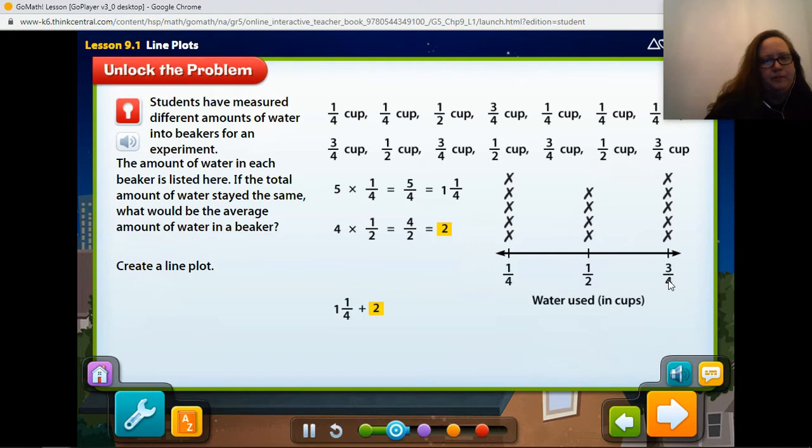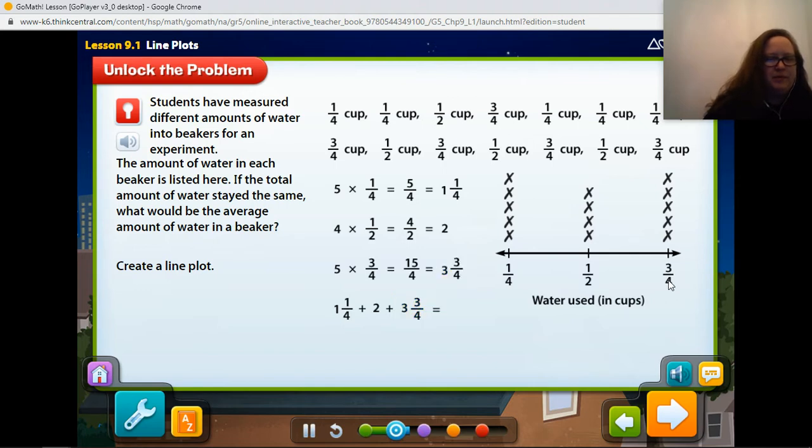There are 4 beakers with 1/2 of a cup of water, so there are 4 halves or 2 cups. Find the total amount of water in all of the beakers that contain 3/4 of a cup of water. There are 5 beakers with 3/4 of a cup of water, so there are 15/4 or 3 3/4 cups.